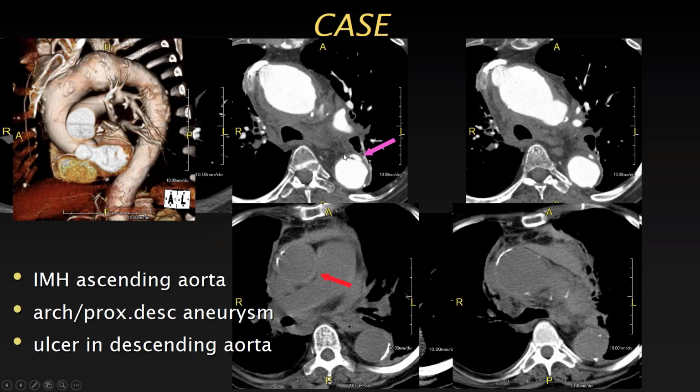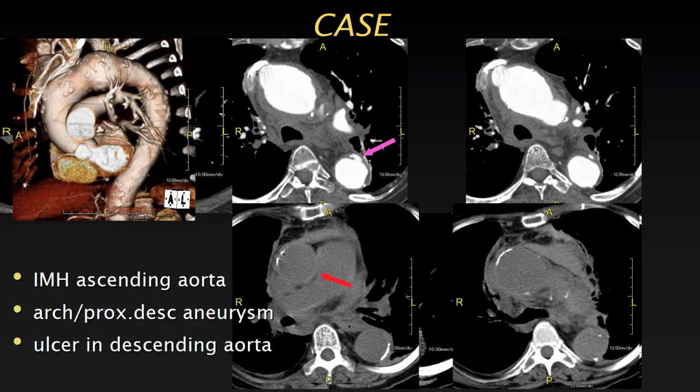If the descending thoracic penetrating atherosclerotic ulcer causes her problem, then you can treat this with a stent graft. If the arch aneurysm is a problem, then you need to do an arch repair, which is a major undertaking that is the most complicated to do.